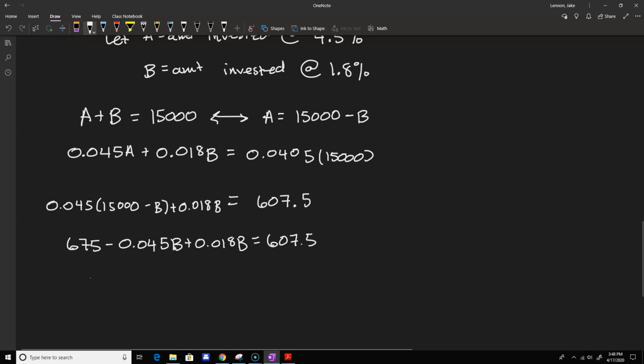So we have 675. We can put together the two B terms. So we have 0.018 minus 0.045, which comes out to negative 0.027B. So minus 0.027B. And this equals 607.5. So now what we want to do is subtract 675.